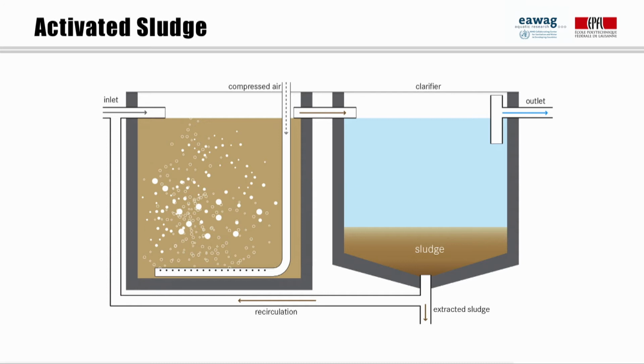The activated sludge system is the best known and most widespread in Western countries, under different forms, such as sequencing bioreactor, oxidation ditches, moving beds, or membrane bioreactors. It makes use of highly concentrated microorganisms to degrade organics and remove nutrients, leading to a high-quality effluent.